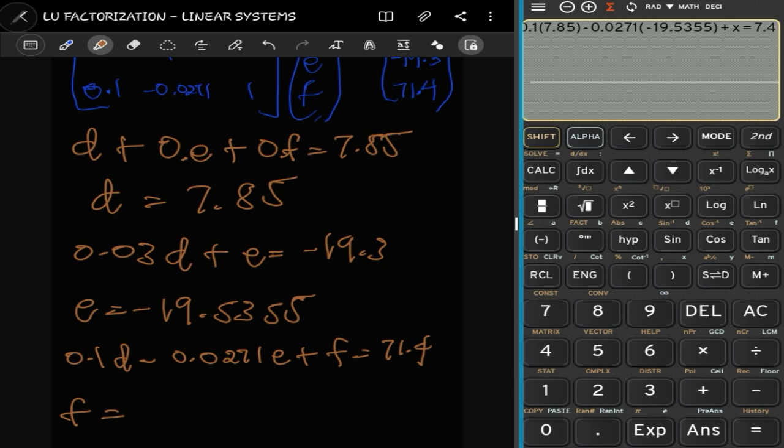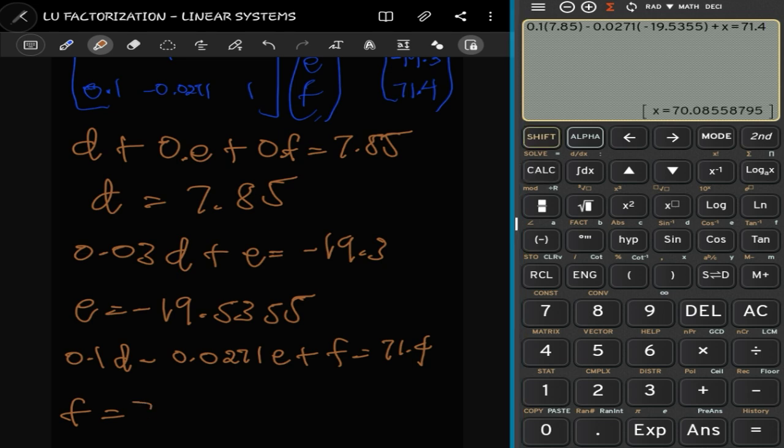So our F is 70.0856, right? So now we have our D.